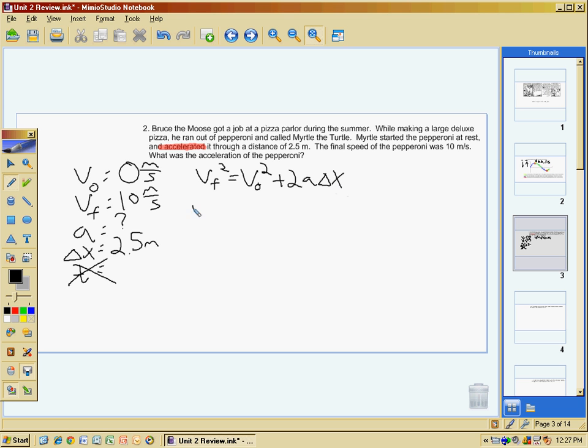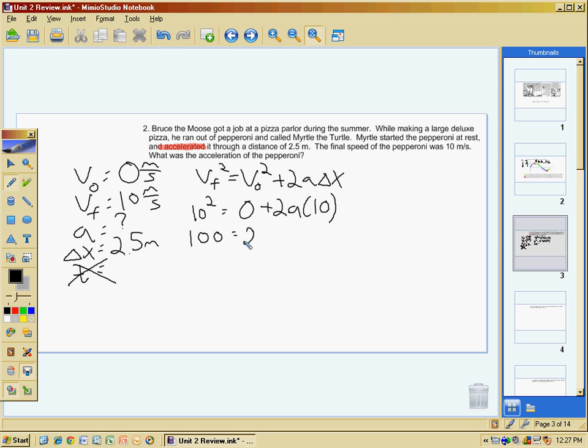We know what V final is. V naught is 0. We're looking for acceleration, and delta x is 10. So first of all, 10 squared is going to be 100.